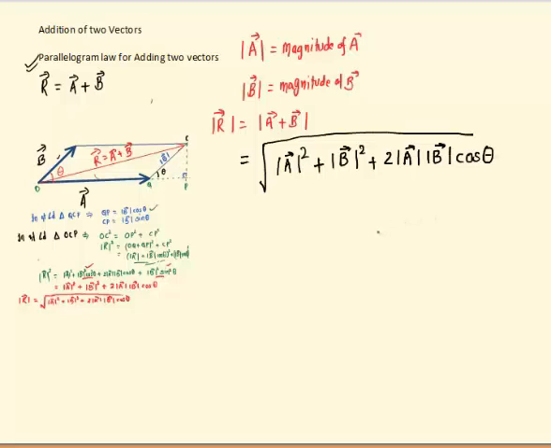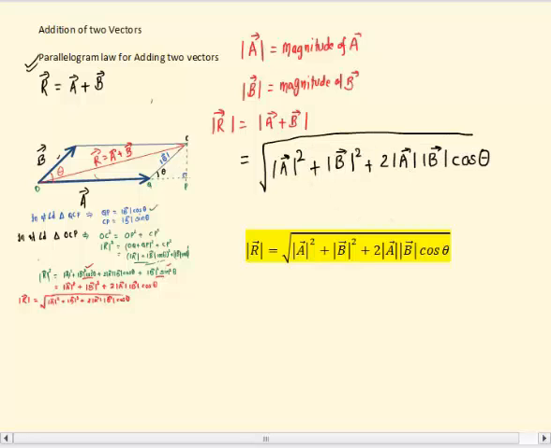So this will be our formula for finding modulus of A plus B. We can summarize our finding as the resultant vector of A and B is modulus of A square plus modulus of B square plus 2 into modulus of A, modulus of B, cosine of the angle between them, and a root over that. So this is our magnitude of A plus B.